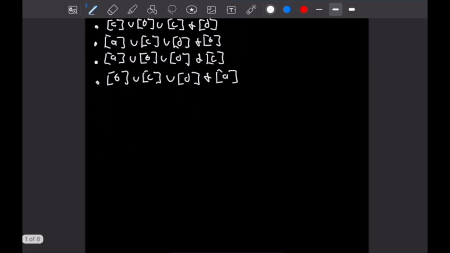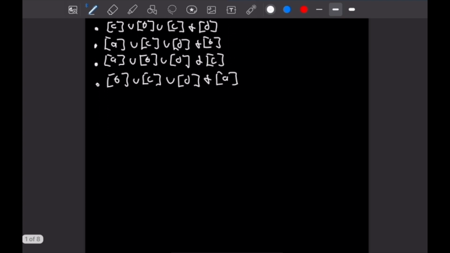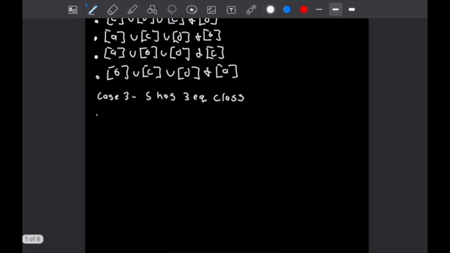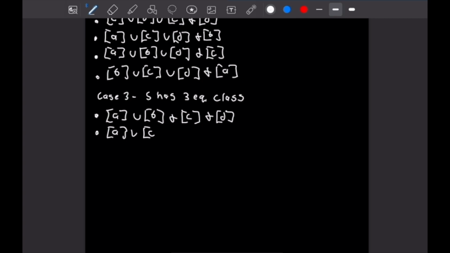So next, let's do the ones where S has 3 equivalence classes. And that will just be the pairs where we merge 2 of these equivalence classes together and then 2 remaining by themselves. So let me go ahead and write that out. We'll have case 3, which is when S has 3 equivalence classes. All right, so starting off, let's merge together A and B. So we'll have A union B, and then we'll also have just C and just D. Next, let's union A and C. So we'll have A union C, and then we'll have B and D by themselves.